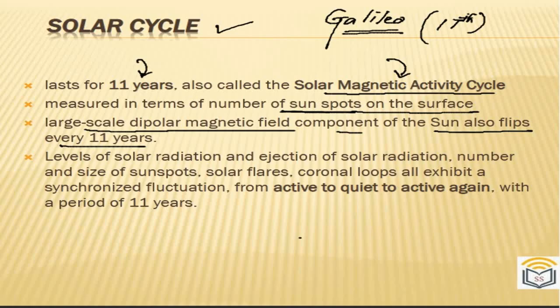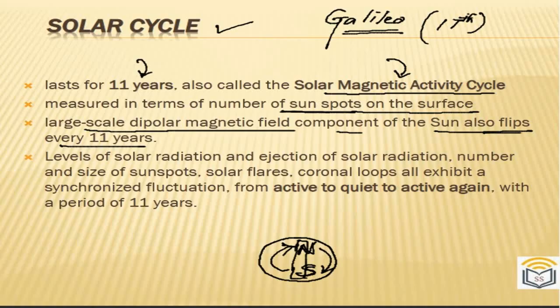What it means is that, like the Earth, the sun also has a magnetic north and a magnetic south, and every 11 years these north and south poles flip.